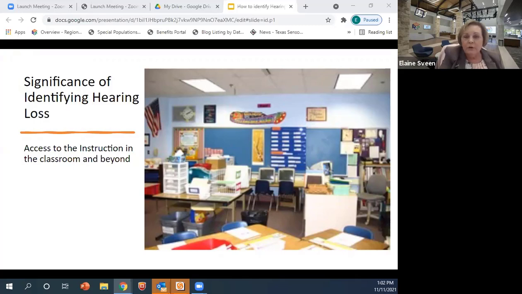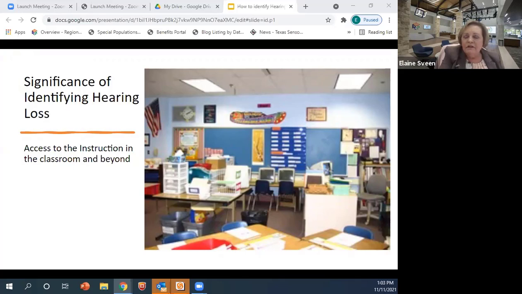So a lot of times when I'm working with a person that has a combined loss, that's something we look for in their hearing aids, to make sure that that's a factor.